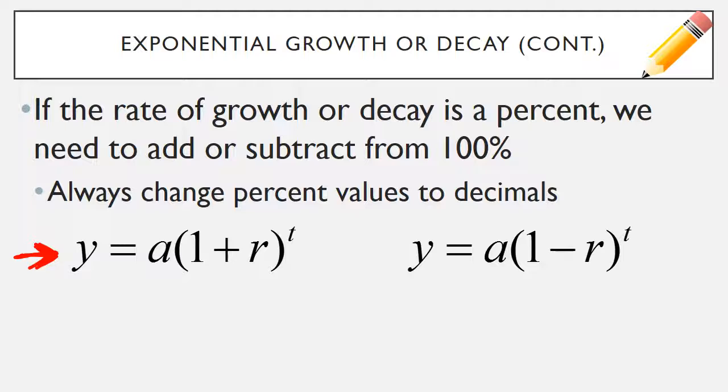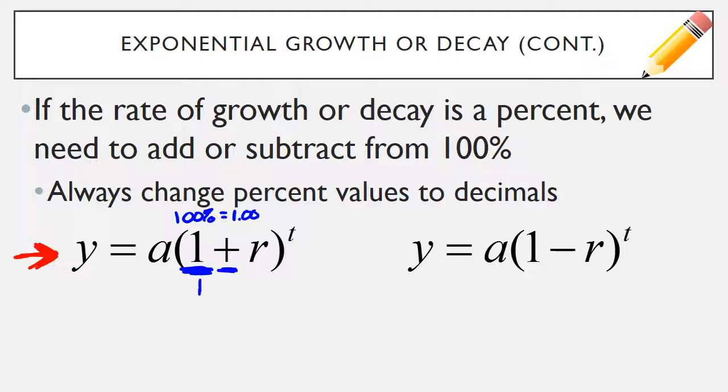The reason why is that when I'm talking about a rate, say something grows 5% each year, well, 5% of what? 5% of 100, starting with 100% of what I had to begin with. So 100% as a decimal is 1.00. I have 100% and I'm adding on the rate.